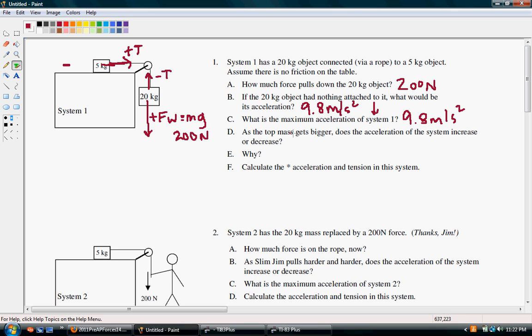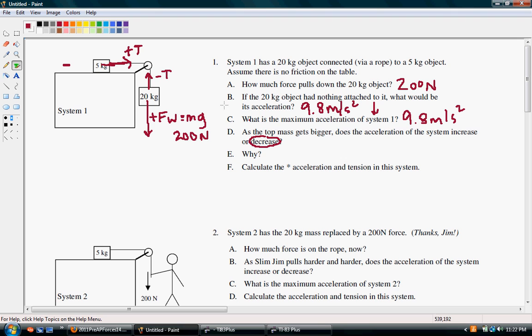As the top mass gets bigger, does the acceleration of the system increase or decrease? So what it's saying is, if this 5 kilogram mass got bigger and bigger, would the system's acceleration increase or decrease? Well, it would decrease. Even if we're not changing the frictional force, if there's no friction, there's no force to oppose it, but still, our acceleration is going to get smaller and smaller.